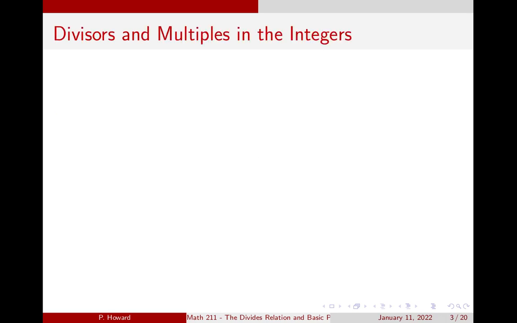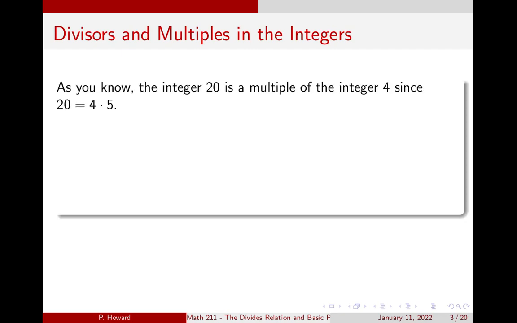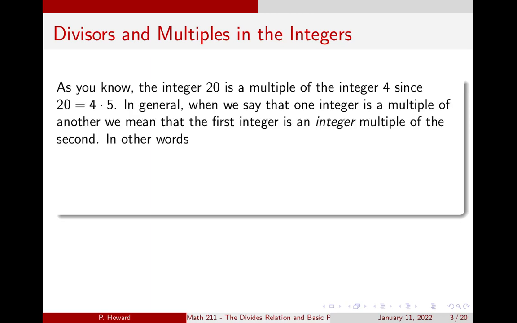Divisors and multiples in the integers are something you're probably familiar with. As you know, 20 is a multiple of the integer 4, because 20 is 4 times 5. When we say that one integer is a multiple of another integer, we mean that the first integer is an integer multiple of the second integer.